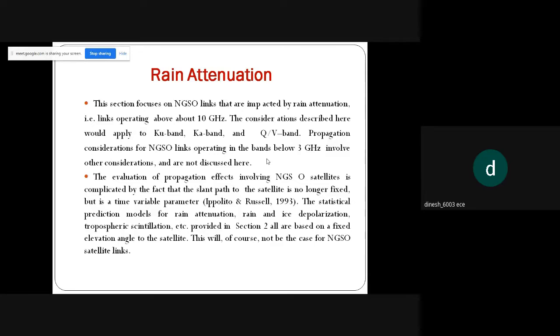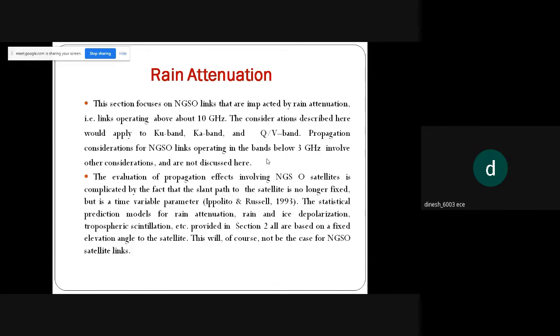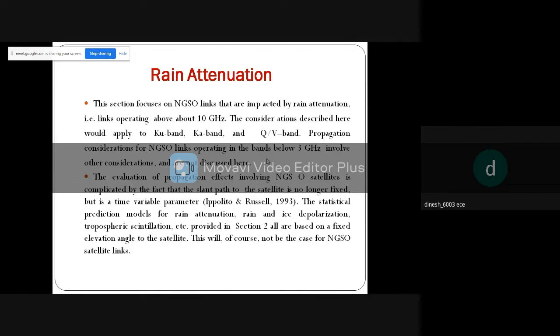So the statistical prediction models for rain attenuation, rain and ice depolarization, and tropospheric scintillation are all based on a fixed elevation angle to the satellite.